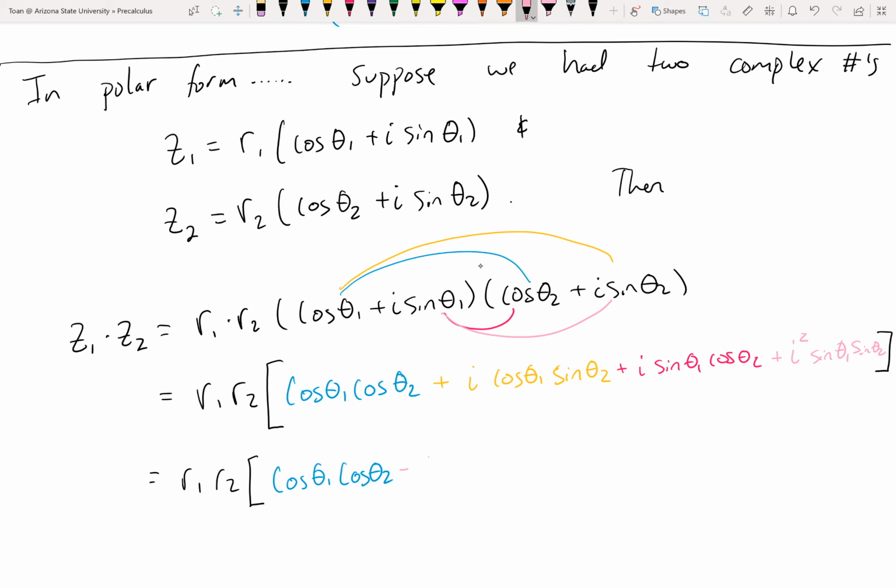So it'll be a minus sine theta sub 1, sine theta sub 2, plus, now because I recognize that this term here and this term here both have an I, we'll go ahead and factor out that I. And then what's left over is cosine theta sub 1, sine theta sub 2, plus sine theta sub 1, cosine theta sub 2.